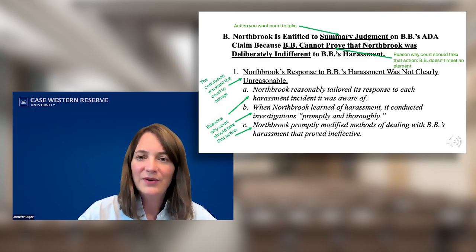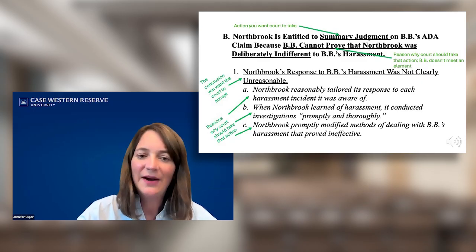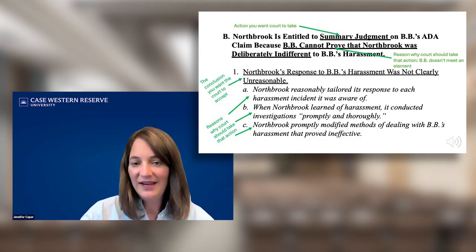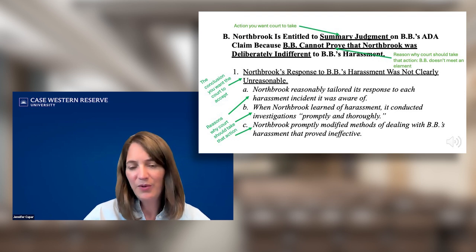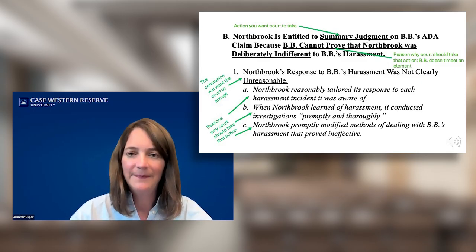Again, thinking through where do you put your issues, and then how do you break them up? How do you break an element down into specific points that support that element? And then crafting those point headings to be persuasive and to lead the reader to the conclusion that you want them to reach.